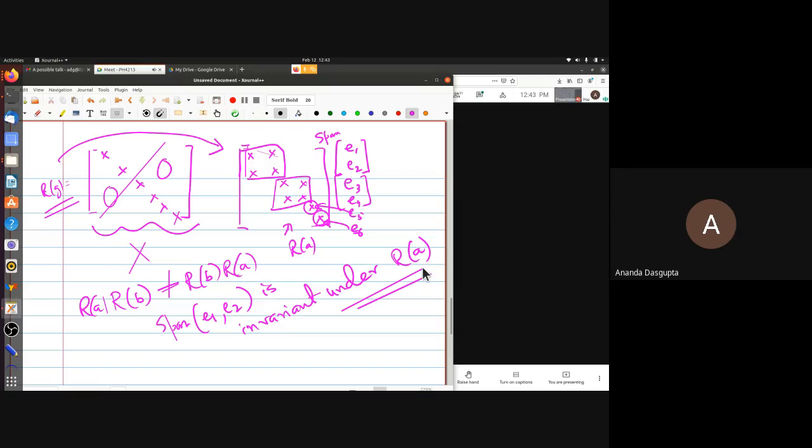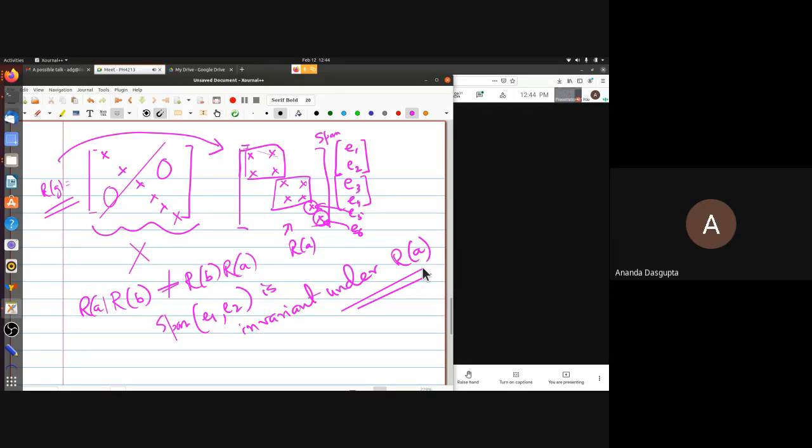So if we could find this, and we can actually find this, but I'm not telling you how to, we will learn how to in the course of the next few lectures. If you could actually find a new basis in which the matrices all become block diagonal with the same block diagonal structure, then you have broken down your entire space into smaller subspaces, each of which is invariant under the action of all the symmetry elements.